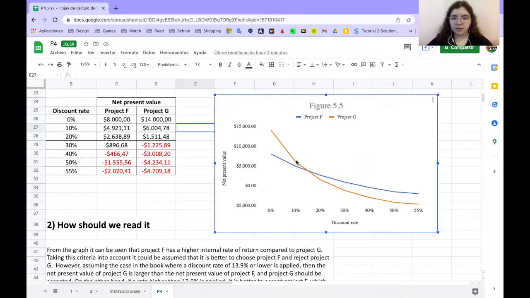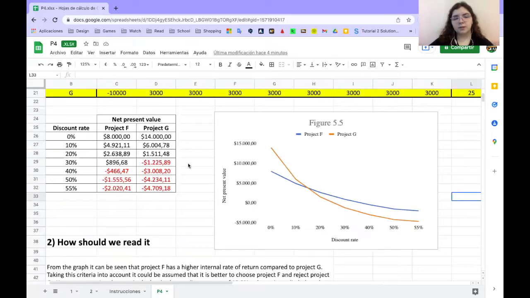And here we can see, for example, at 10%, Project G has a net present value of 6,005, and Project F has a net present value of 4,921. And well, with this we answered the point 1 of replicating the graphic.